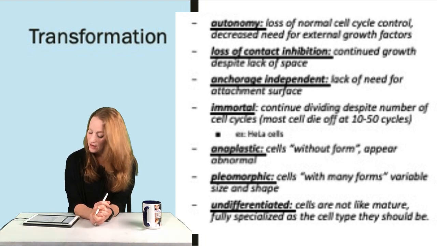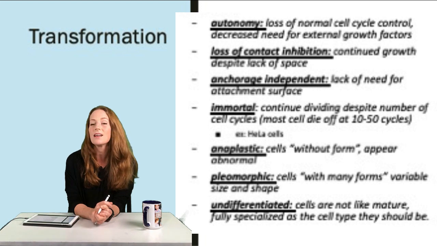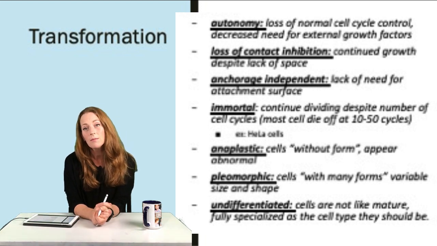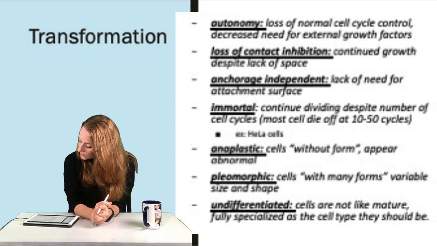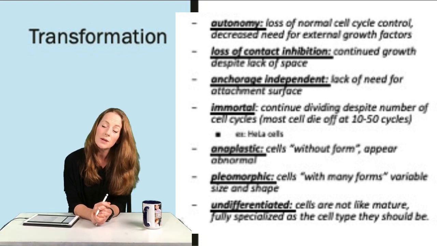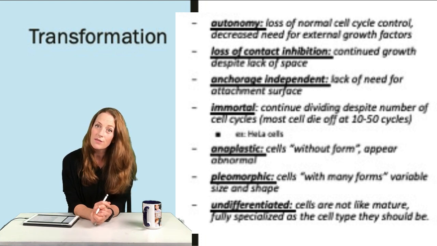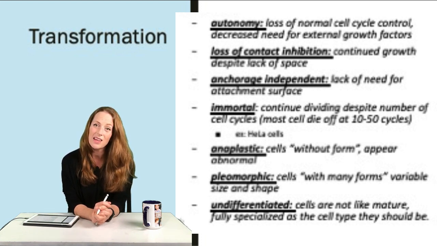Pleomorphic cells are cells with many forms or variable size and shape, particularly of the nucleus. And undifferentiated cells no longer look mature, and they're not fully specialized as the cell type that they should be. So when a pathologist gets a tissue sample, they're going to be looking for these features of cancer cells.